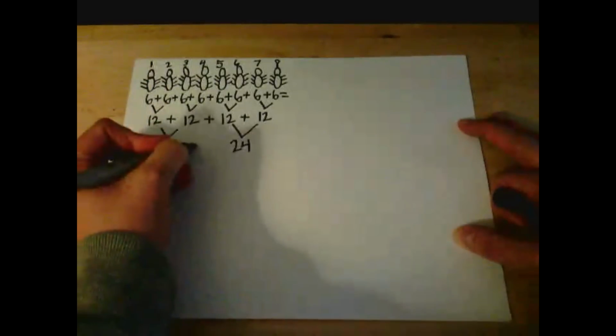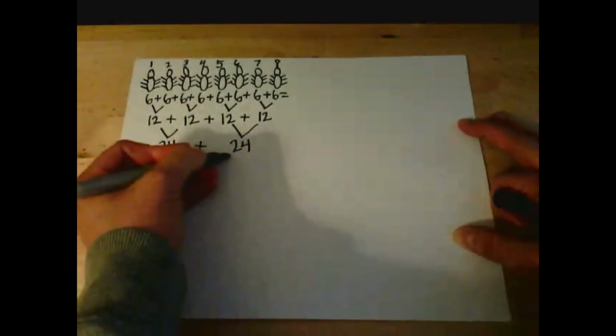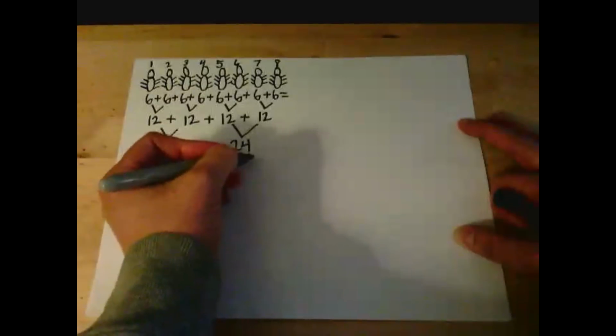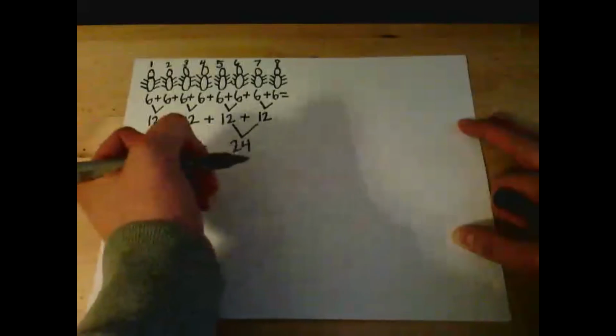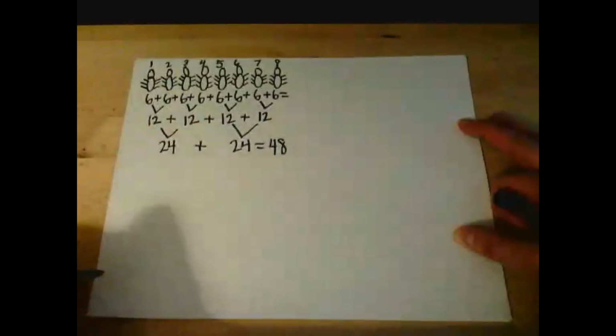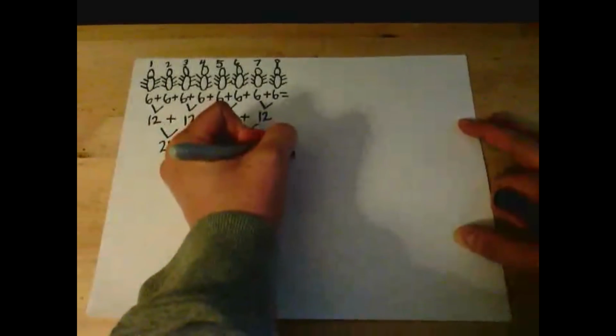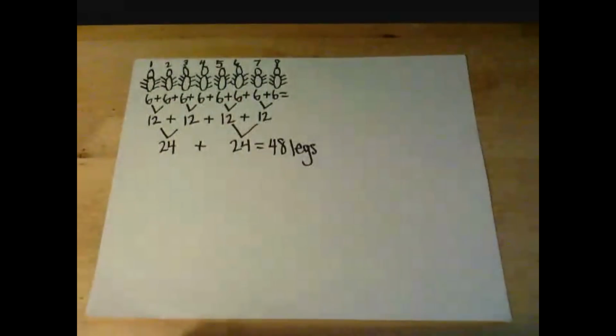Now I can combine these two 24s. Well, I know 20 and 20 makes 40, and another 4 to get me to 44, and another 4 to 48. So now I know that Edwin saw 48 legs on his walk.